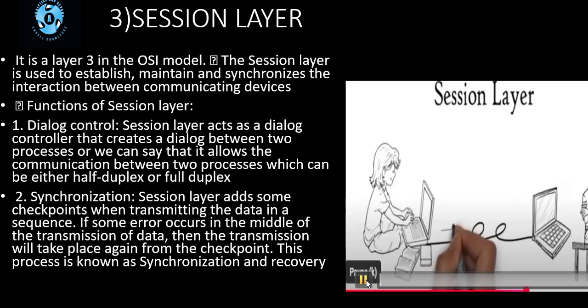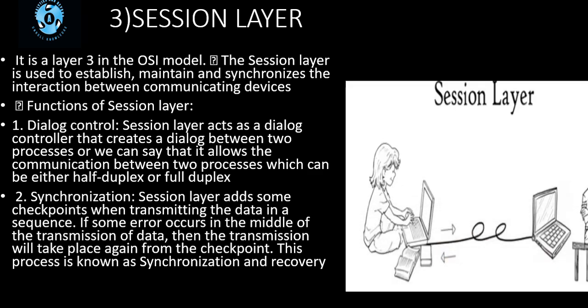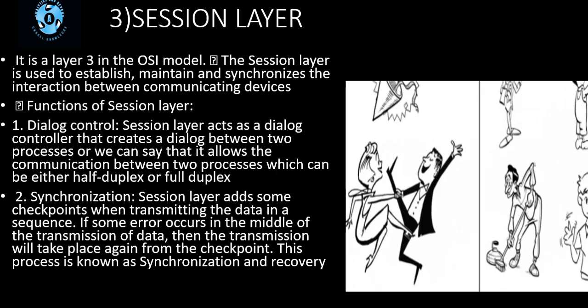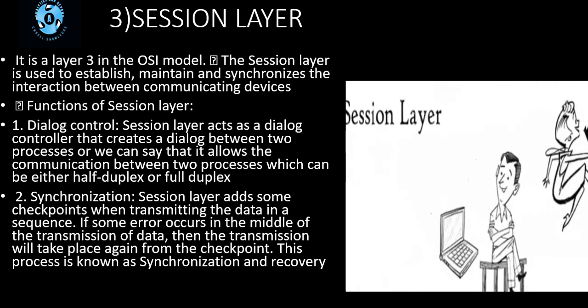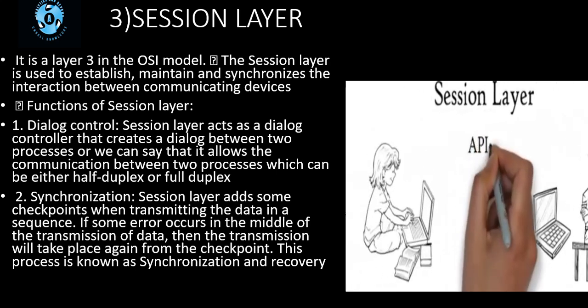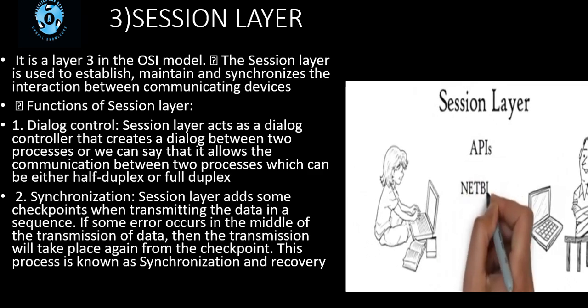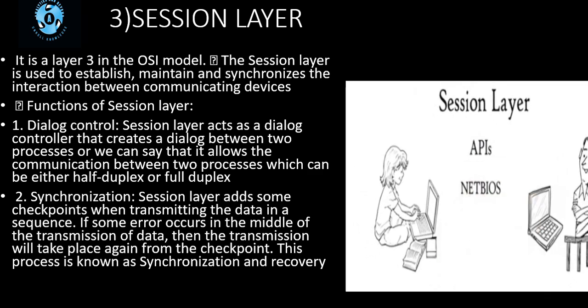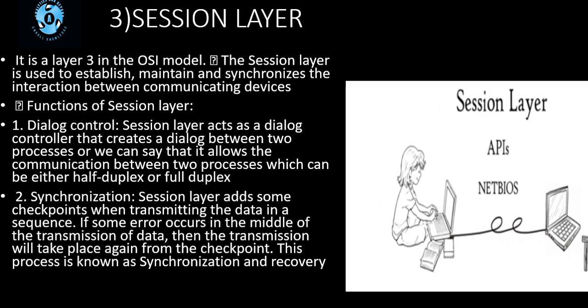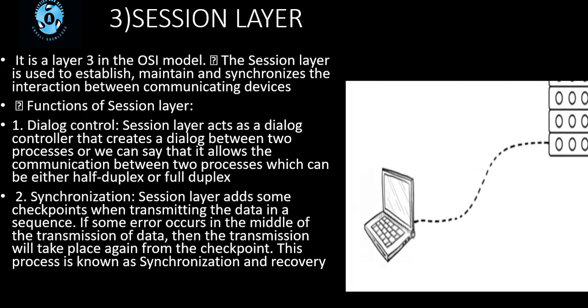So how does it work? The session layer first tries to establish the connection between the systems. Once the connection has been established properly, it starts sending the information through an API, an application programming interface, which we call NetBIOS, the network basic input and output system. Through that it establishes the connection, which can be full duplex or half duplex.